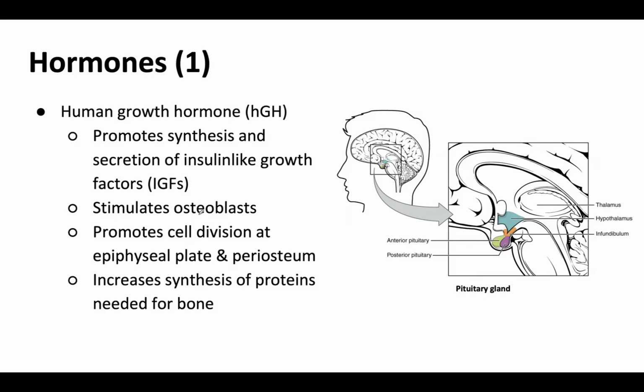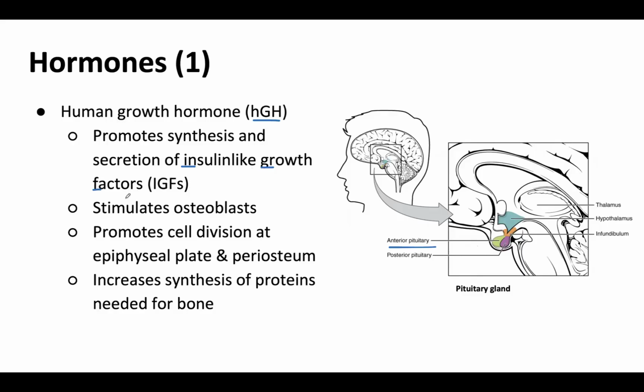And we will start with human growth hormone, or HGH, which is secreted by the anterior portion of the pituitary gland. And its main function is to promote the synthesis and secretion of something called insulin growth factors, or IGFs, which are named IGFs because some of the effects are very similar to insulin.